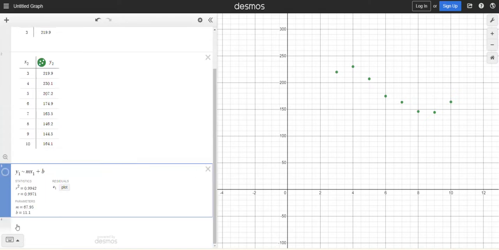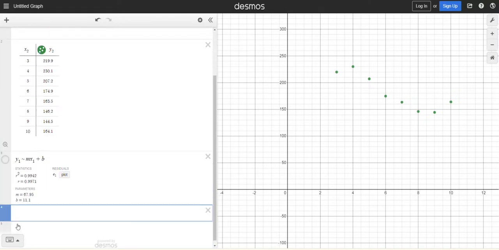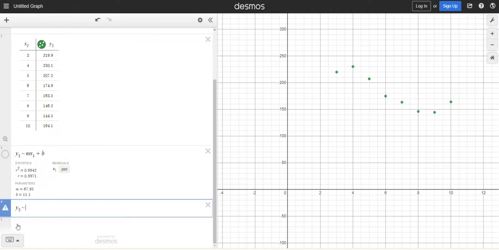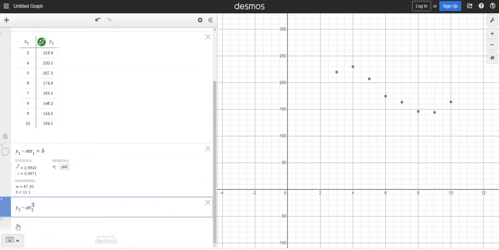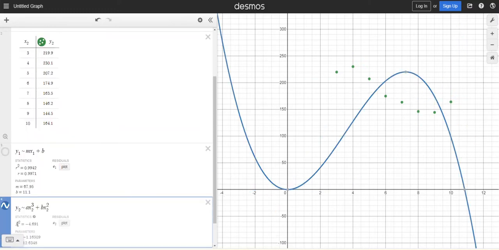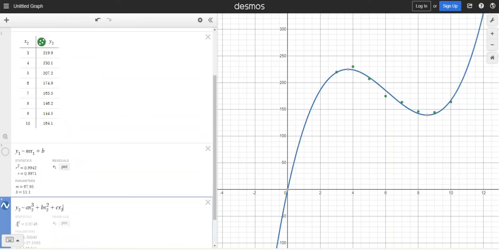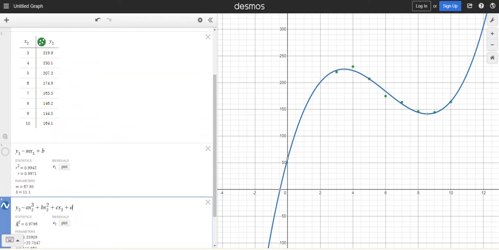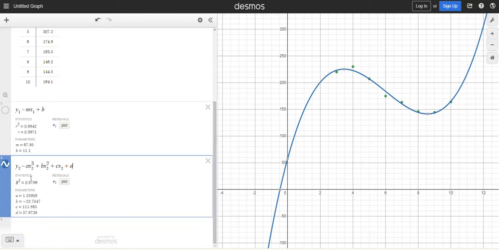So I think I can use a cubic regression on that: y2, my second table, tilde, and then my cubic function, ax2 to the third plus bx2 squared plus cx2 to the first plus d. Again, I can see a pretty good fit here. And once again, my r-squared is very good, right? Almost 0.98. So a really good fit.